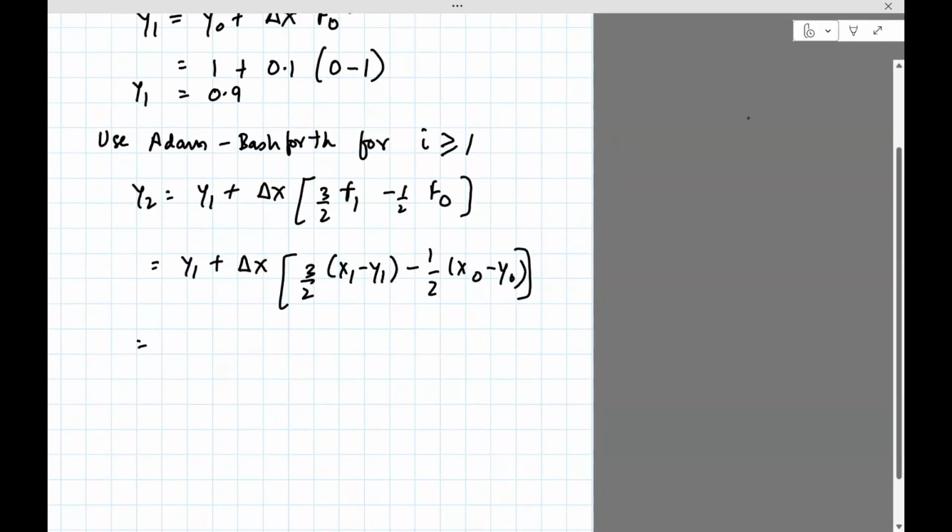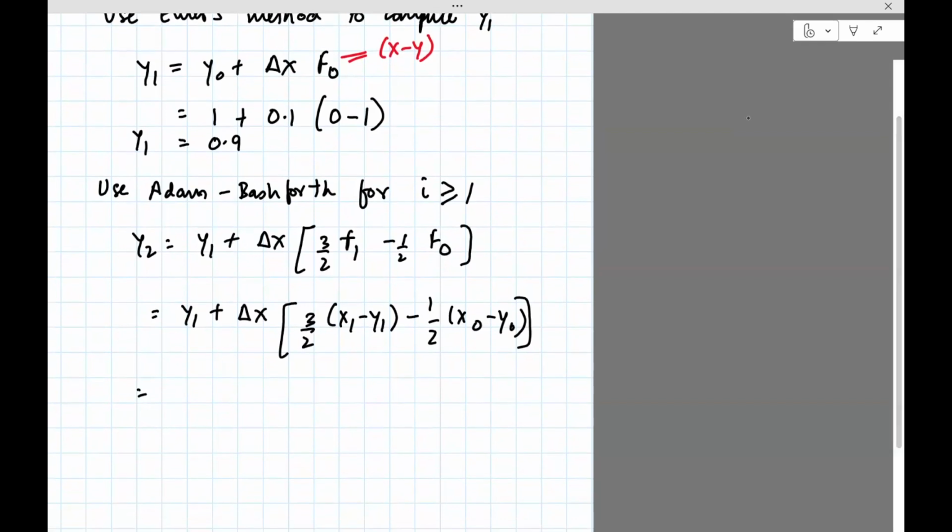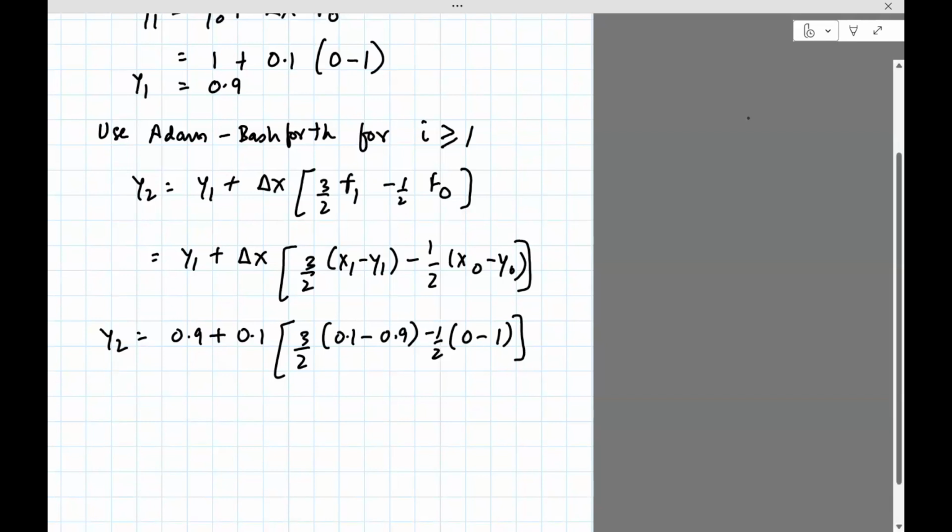Okay, so we know the value of y1 is 0.9, delta x is 0.1, 3 divided by 2, x1 is 0.1, y1 is 0.9, half x0 is 0, y0 is 1. So y2 comes out to be 0.83. Okay, so you can check this.